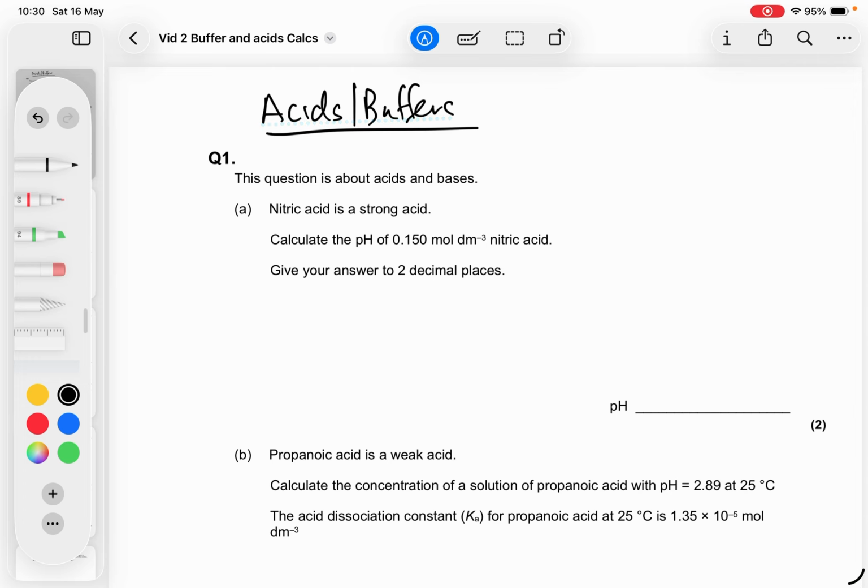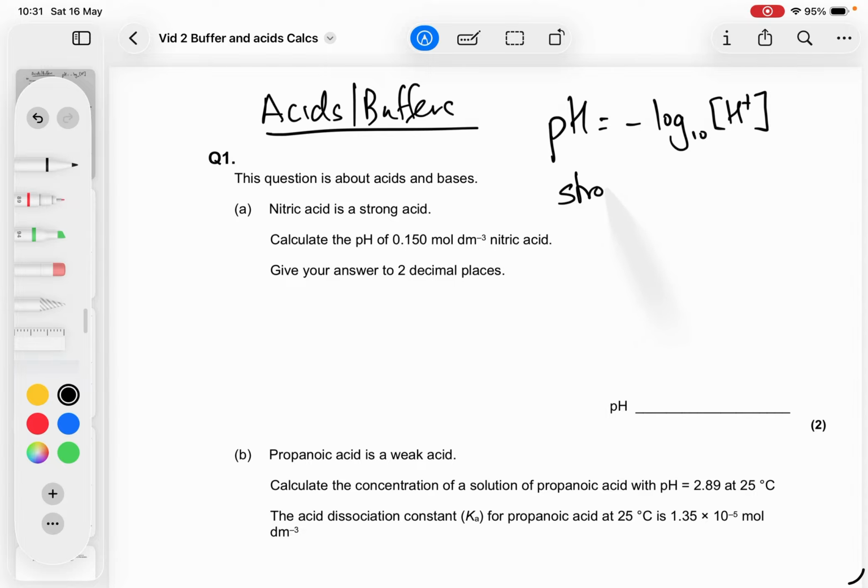So a few important points to note first. pH is minus log to the base 10 of H+. In other words, to work out the pH of any solution, you need to know the concentration of hydrogen ions.